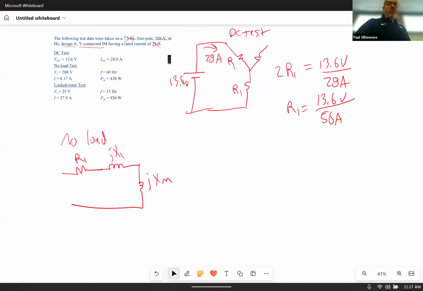And so now we have our voltage, 208 at an angle of 0, and our current, 8.17. What's the angle of the current? Zero degrees? Nope, it's AC. 90 degrees?